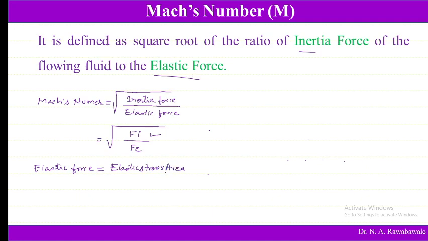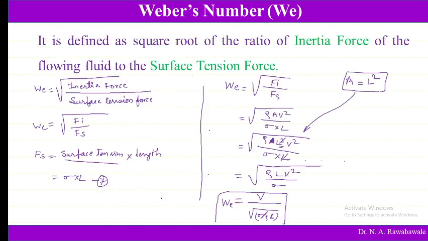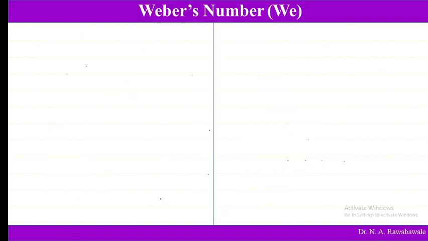So this elastic stress has an elastic stress constant k, into A. So say for example, elastic force is given by k into area A, and this area is nothing but k into length square. So we call this equation number 8.